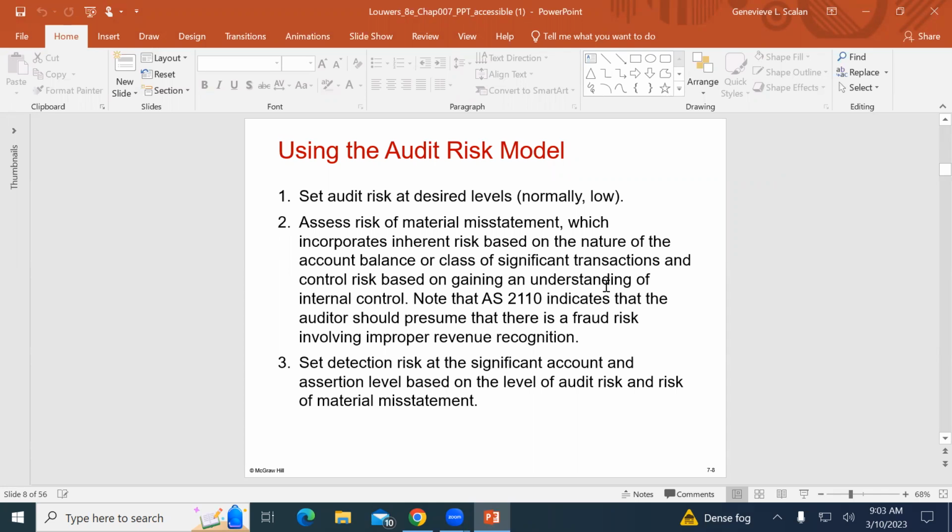We have to test the control risk. And once we understand inherent risk and control risk, we understand risk of material misstatement. So there you go. We are ready to pick out our substantive tests and reduce our detection risk by using more or better substantive tests.